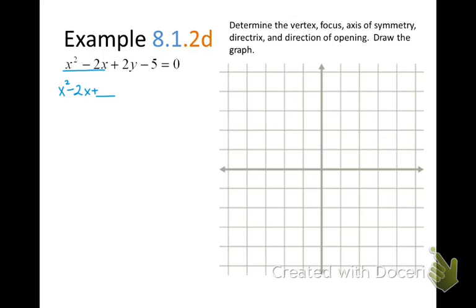Divide that middle term by 2, square it. So 1. I'm also going to take this step to move everything else over to the other side. So that's going to look like negative 2y plus 5. But if I added 1 onto one side, I can't just do that. I can't just add in a 1. What do I have to do? Add it to the other side to keep it balanced. Very good.